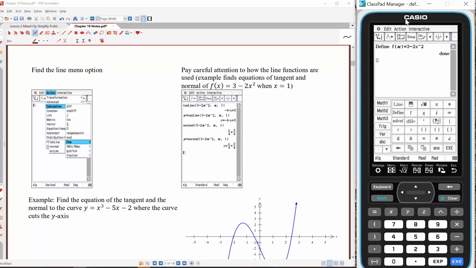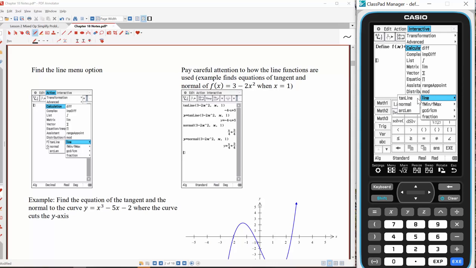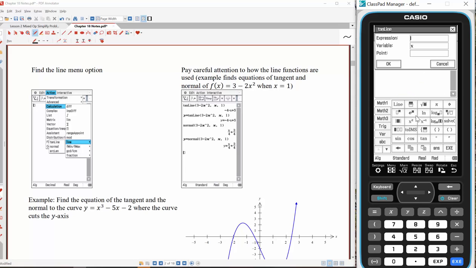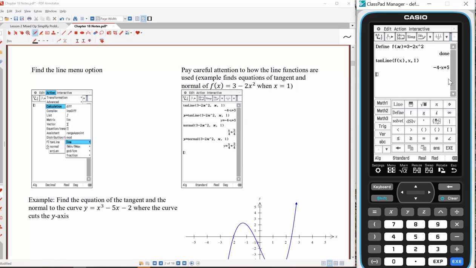And then it's a simple case of going to interactive, calculation, and line. There's two options that we're really interested in here, it's tan line or normal. Let's go tan line to get the tangent line. So we're going to do that for our function, which we've called f of x, at the point described here, which is 1. And what that will do is return the tangent to this at x is equal to 1.